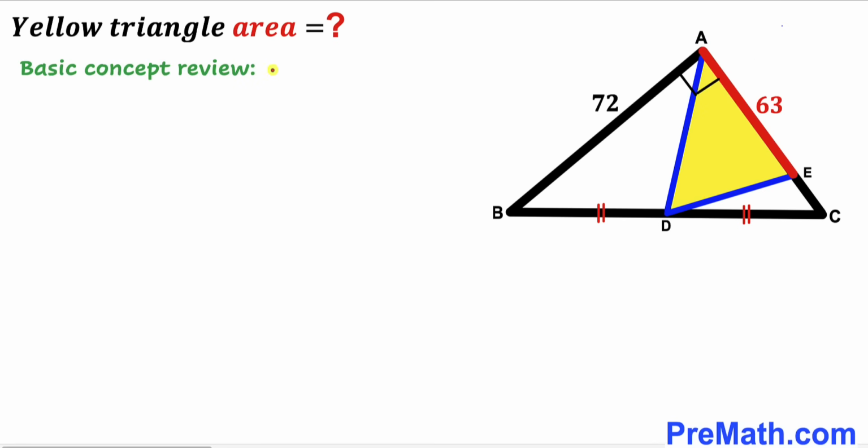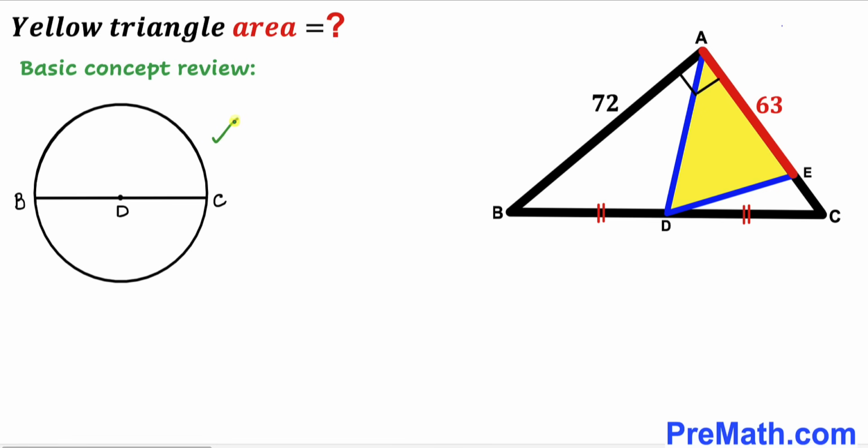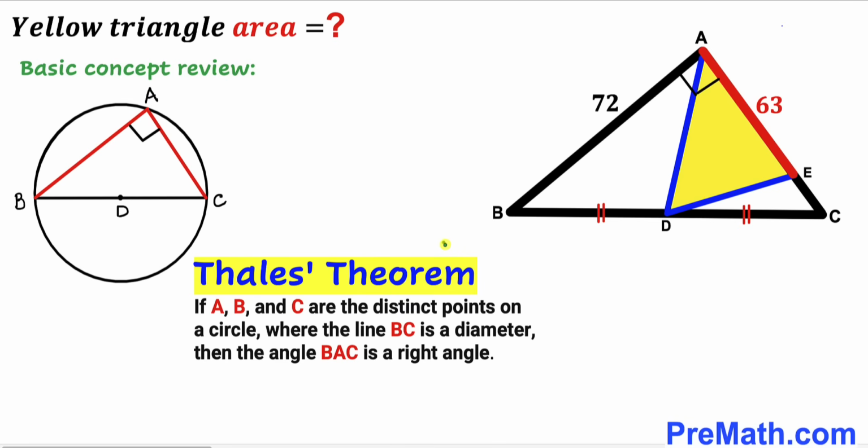So therefore, I'm going to go over the basic review. And now let's focus on this circle with a center D, and we can see its diameter is BC. And here we got these two chords AB and AC, and they meet each other at this vertex A. And now let's recall the Thales theorem.